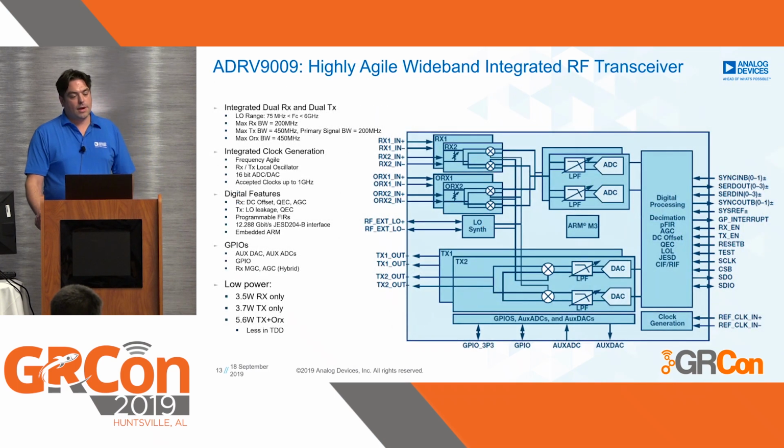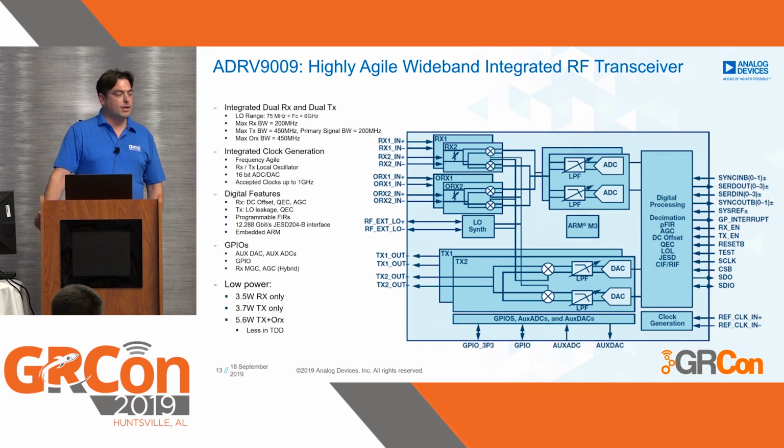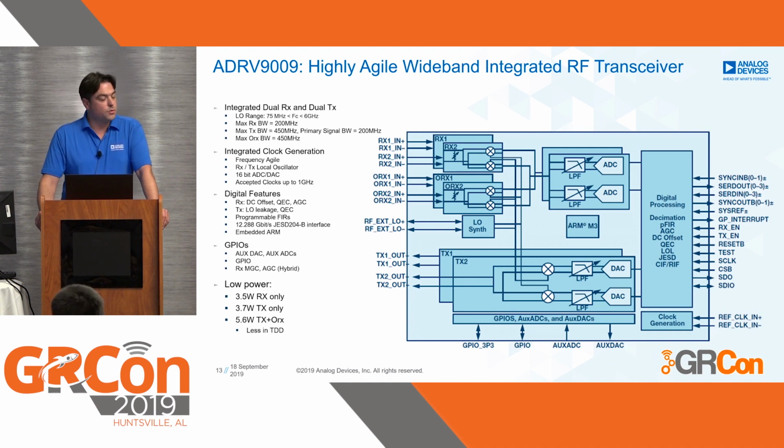The ADRV9009 has been mentioned over the last 2 days quite a few times. This is how it looks. It's a 2RX, 2TX system. It features 200 megahertz bandwidth and has a lot of additional digital features built into the chip.